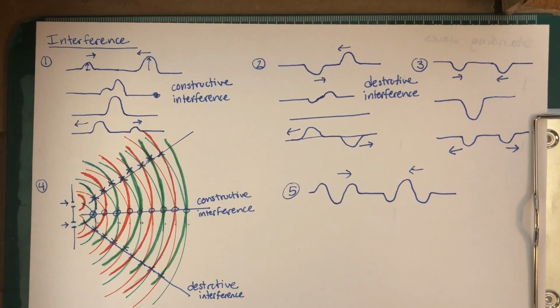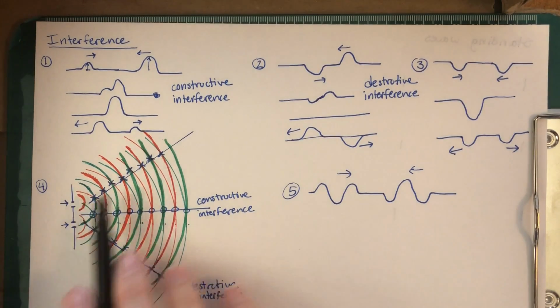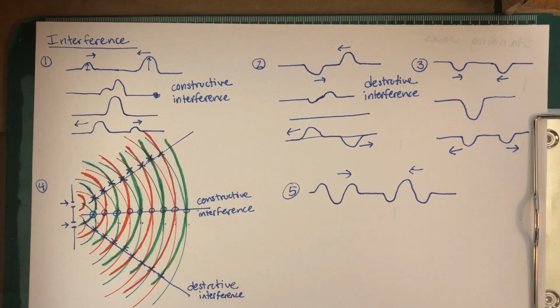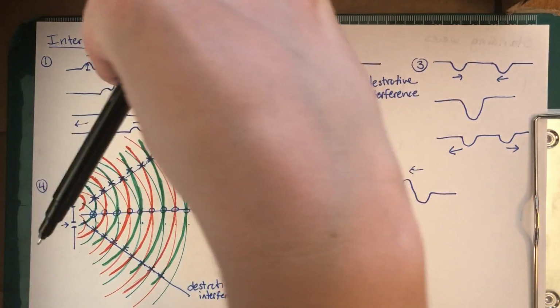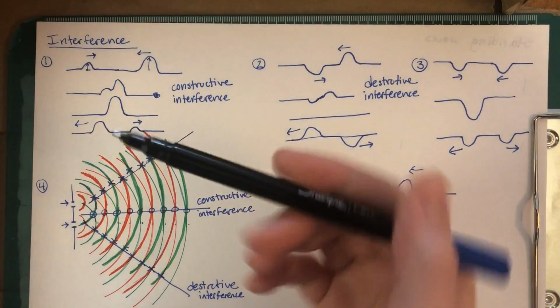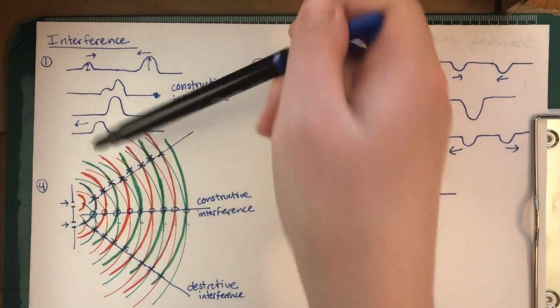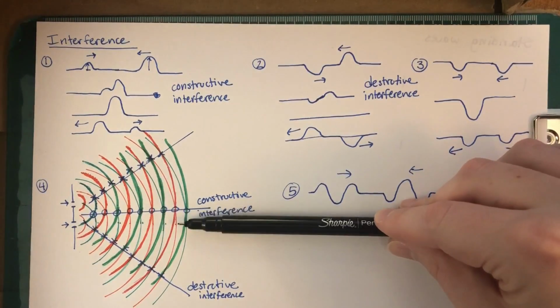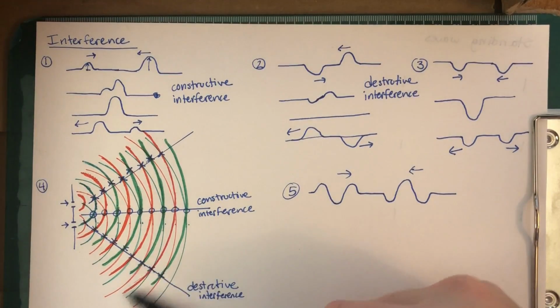So as we look at this type of pattern, and if I were to continue these lines out, we would see another constructive spot and then another destructive spot. We get this alternating pattern at different angles of constructive interference and destructive interference.